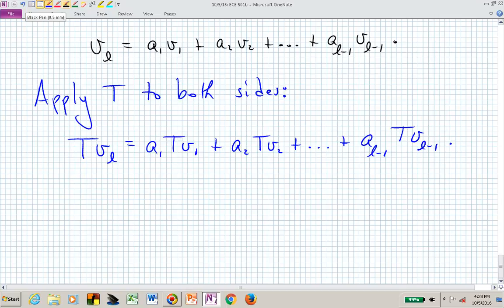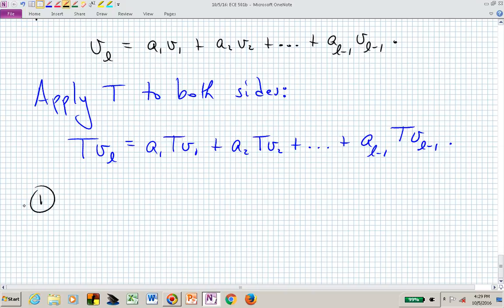But we assumed that these v's were eigenvectors, and now we can rewrite this equation in terms of scaled versions of those vectors. Since T v1 is lambda 1 v1, T v2 is lambda 2 v2, T v sub L is lambda sub L v sub L on the left.